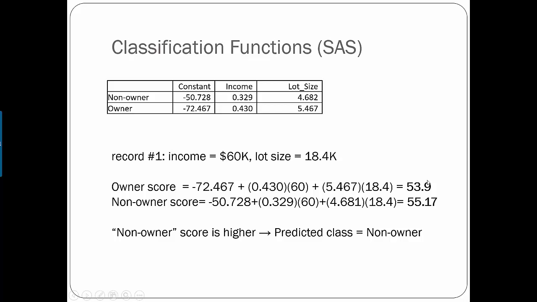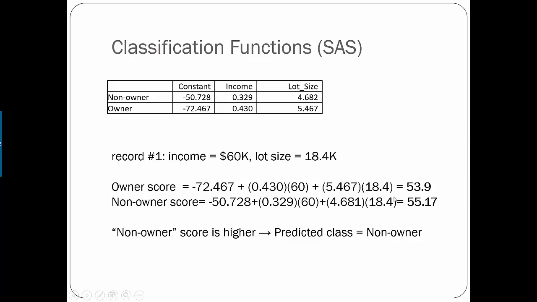Now here the discriminant score is similar in concept to the distance, but it's not the same. This actually measures how likely the record is to belong to the class. So larger values mean closer to the particular group. Since the non-owner discriminant score is larger, you use non-owner as your predicted class.